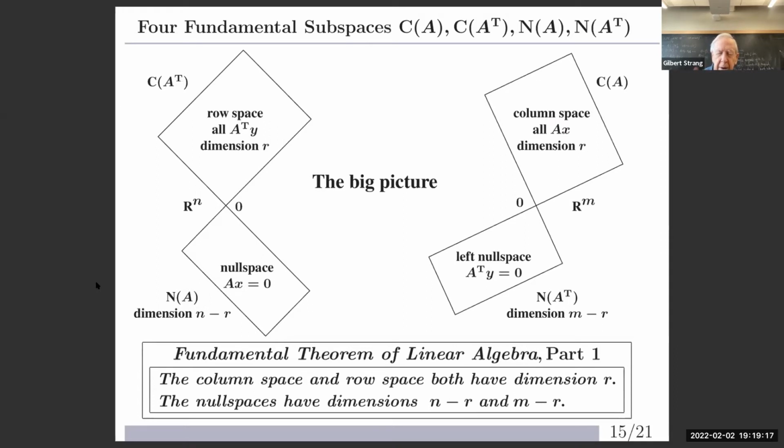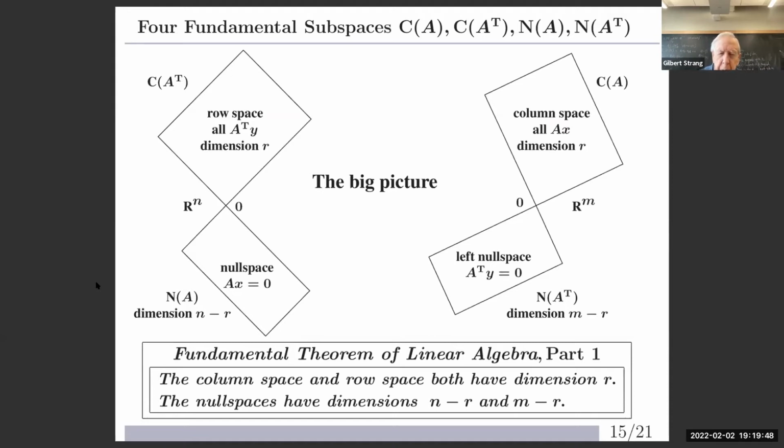That first great fact in linear algebra is, if you had a matrix which was 1,000 by 2,000, to know that the number of independent rows equals the number of independent columns, that's not simple, but it's true. It's always true. So those two spaces account for the independent columns and rows.